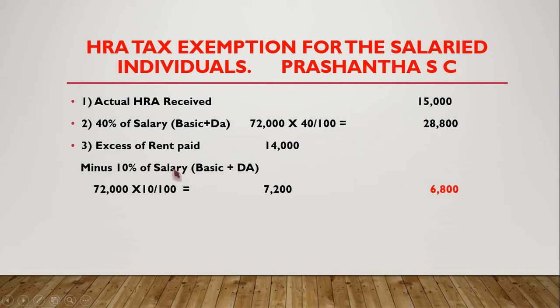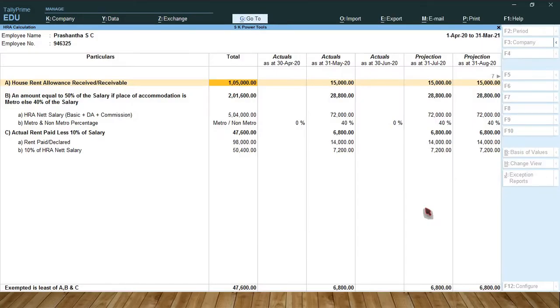Minus 10% of salary, that is 72,000 into 10 divided by 100, 7,200. So 14,000 minus 7,200, that is 6,800. So per month the HRA exemption amount is 6,800. 6,800 into 11 months, that is 74,800.